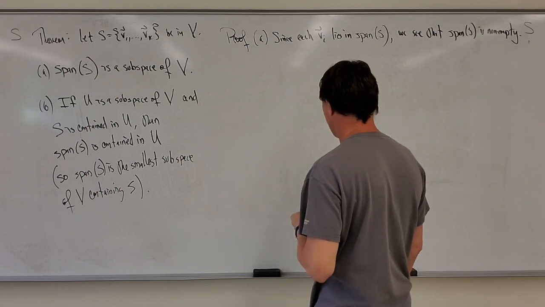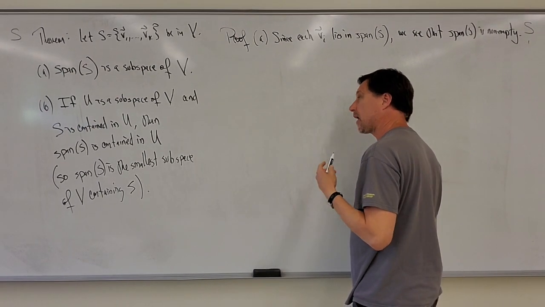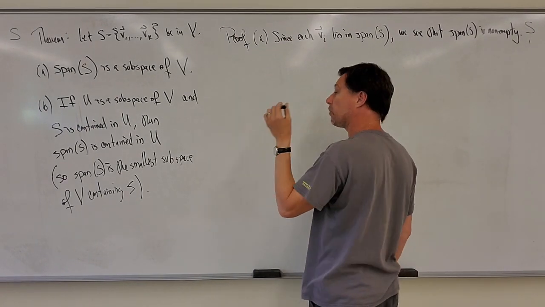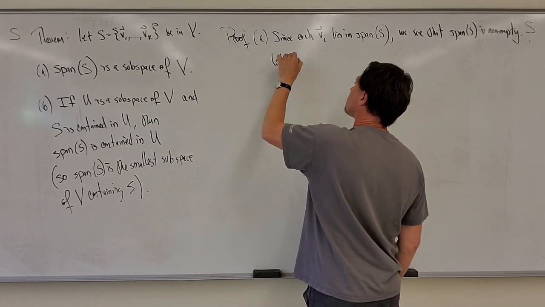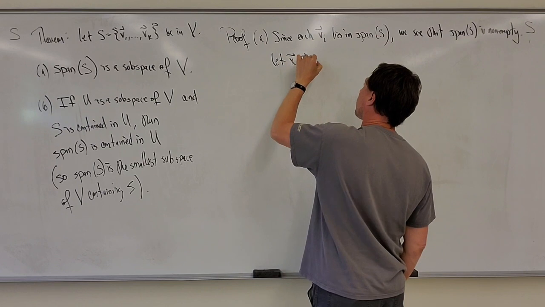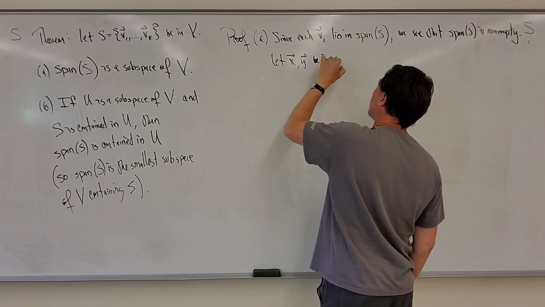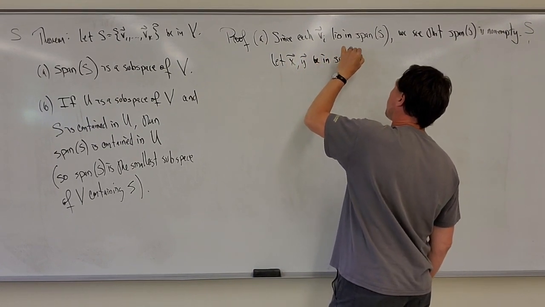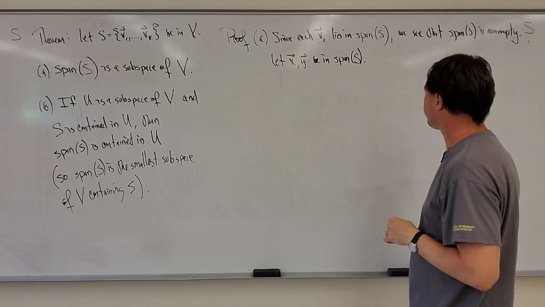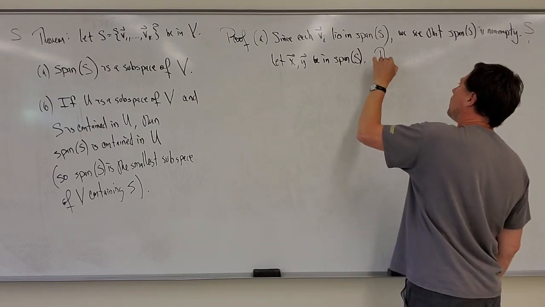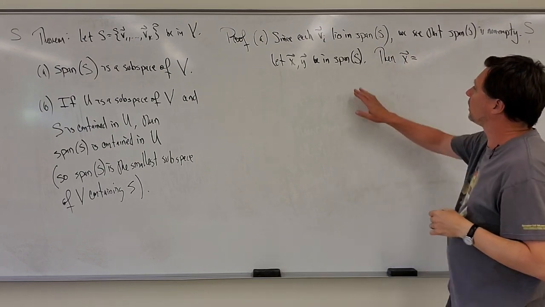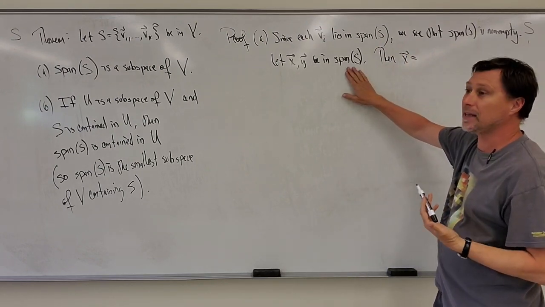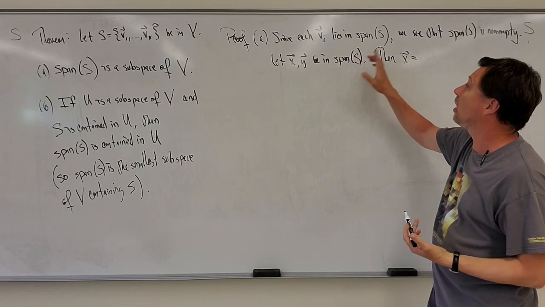Now I need to show that it's closed under addition and scalar multiplication. So let's choose a couple of random vectors inside the span. Let x and y be in the span of S. What does that mean? If it lives in the span, it is a linear combination of the v sub i.